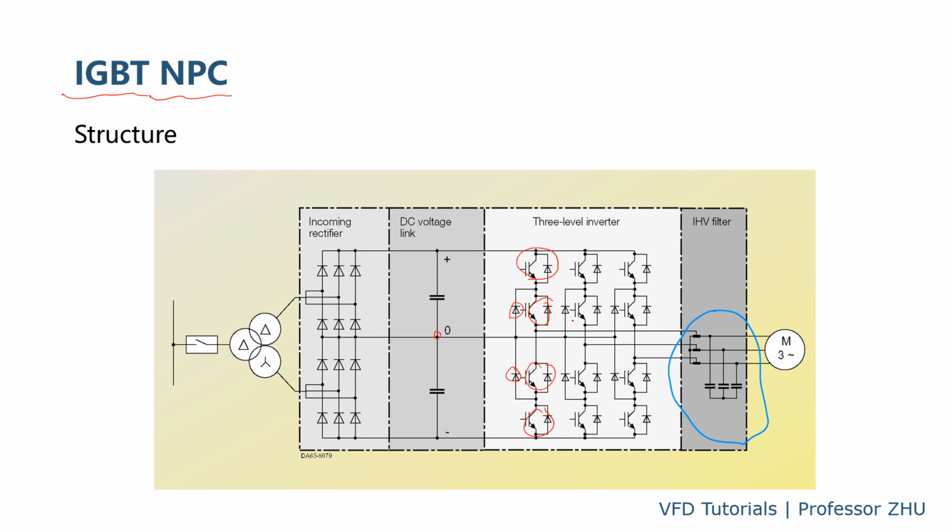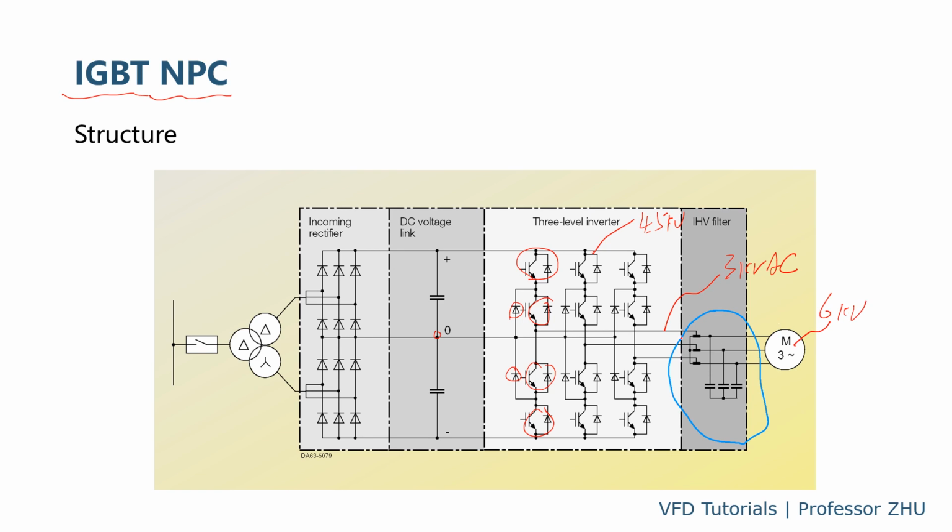and an output filter. So one issue is, for the 3-level IGBT, if you use an IGBT of, for example, 4.5 kV, then for the NPC topology, the maximum AC voltage will be 3 kV AC. So if the motor voltage is higher than 3 kV, for example 6 kV, that drive cannot fit the motor.